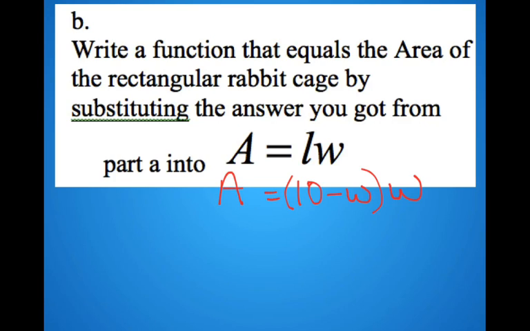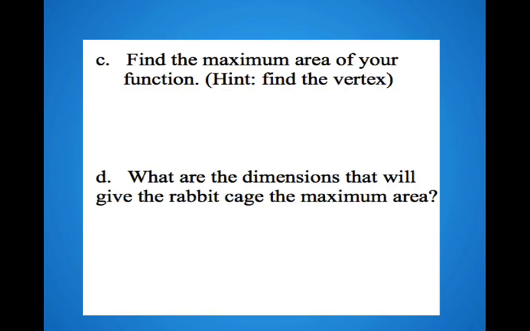So this is an expression, so write a function that equals the area of the rectangular rabbit cage, substituting the answer you got from part A. So this is an expression. We can actually multiply these together, so that's 10w minus w squared, and then if we want to put it in order, it would be negative w squared plus 10w, so remember that, so we can answer the rest of the questions.